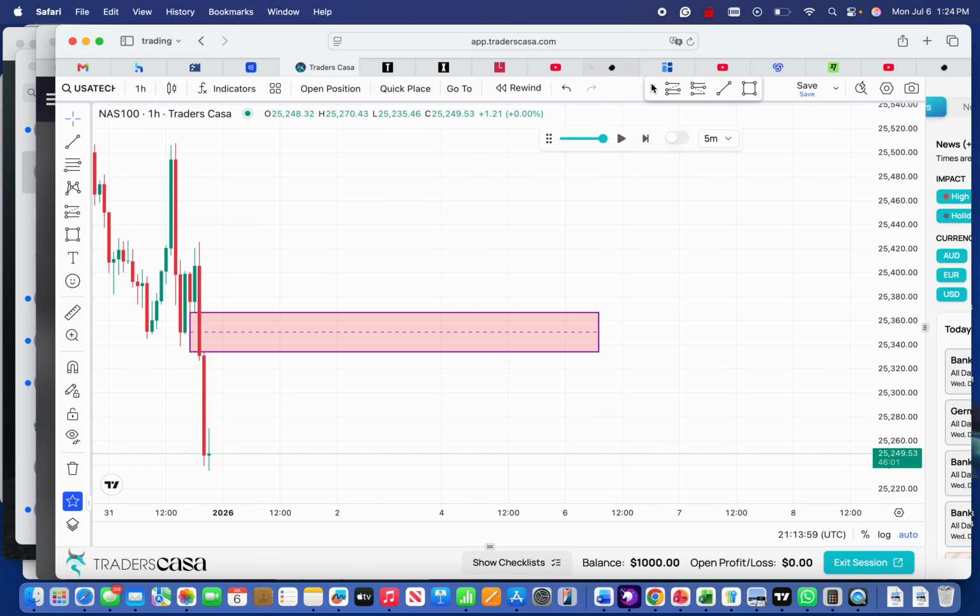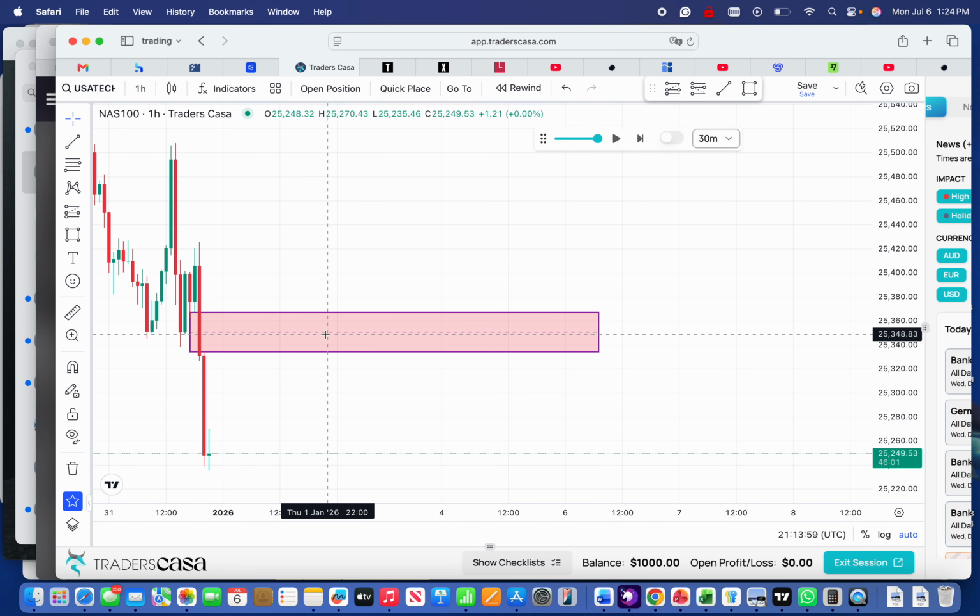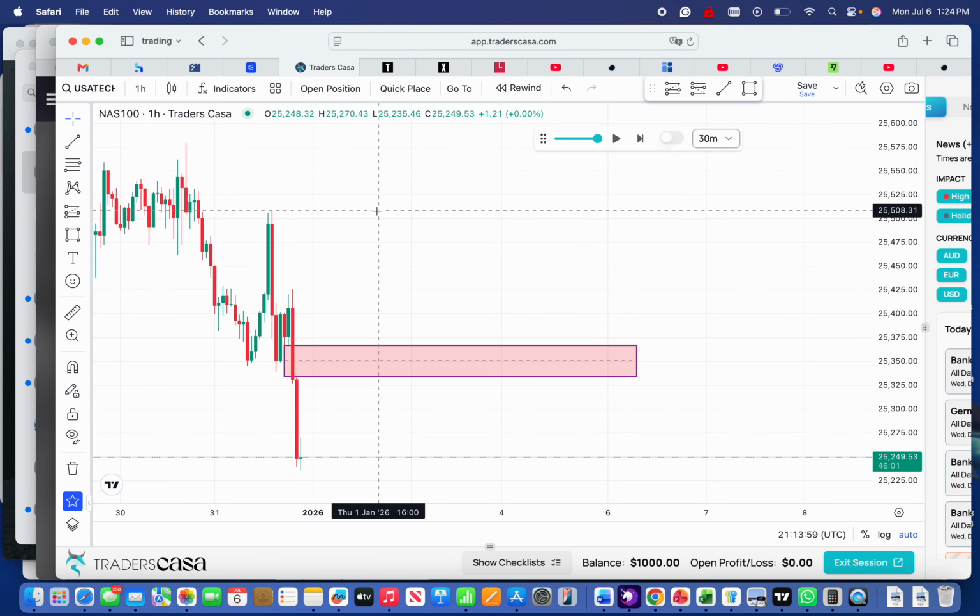So now that we have that, we want price to go into this gap. What it can do is respect it, which means, since it's bearish, this is a red candle, it's supposed to go back down off of this liquidity. What is liquidity? I forgot to say that.